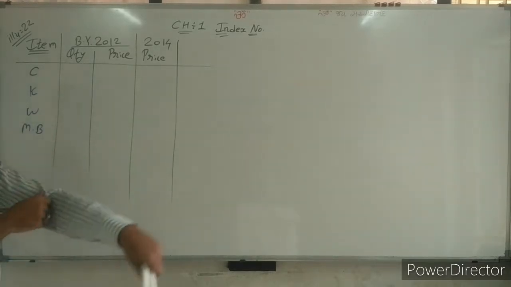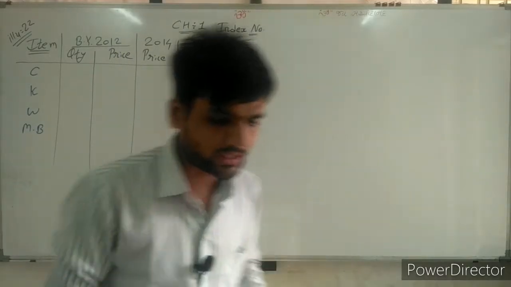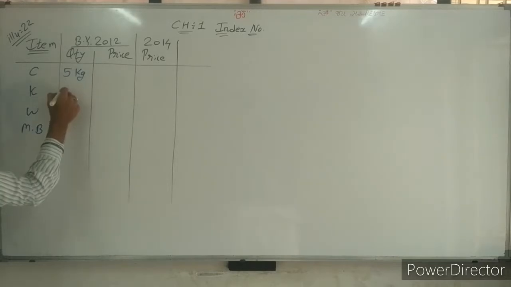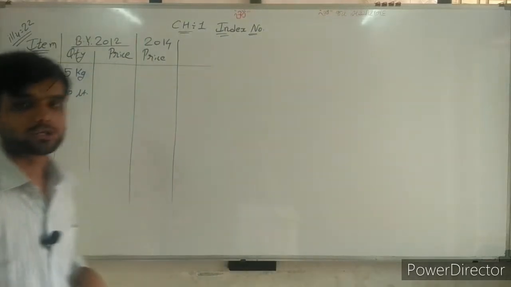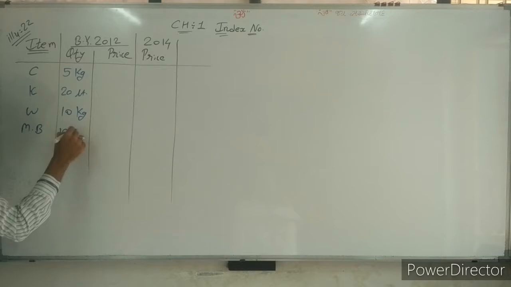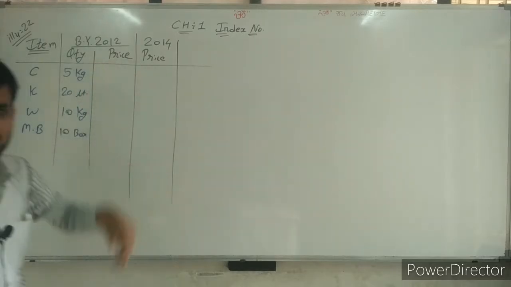Against it, values given: first 5 kg, 20 liter, 5 kg, 10 boxes. In this way, quantity is available, price is available.